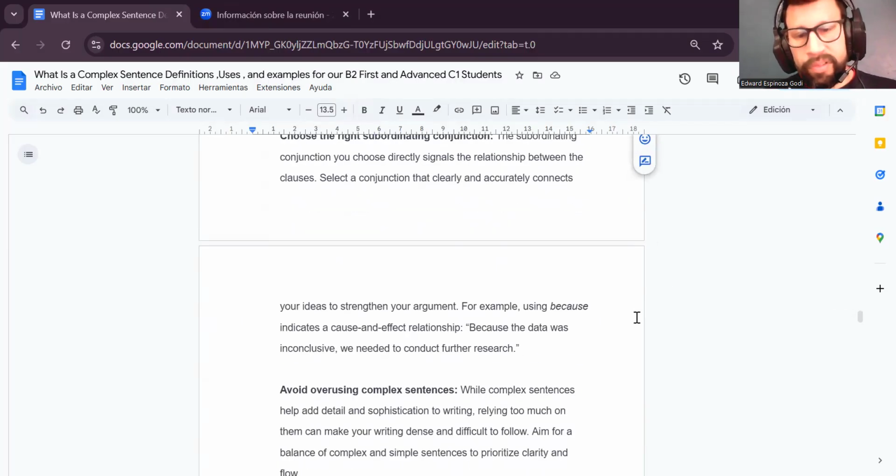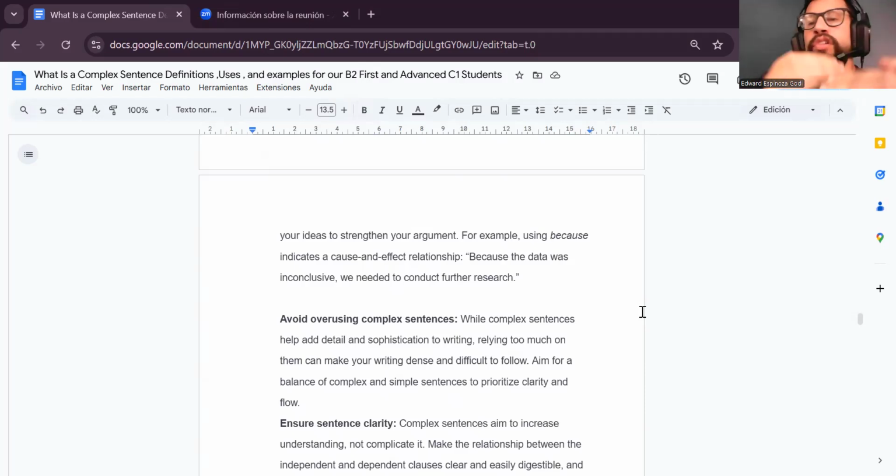For example, using because indicates a cause-effect relationship. Because the data was inconclusive, we needed to conduct further research.